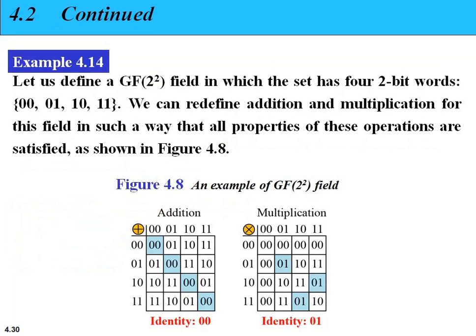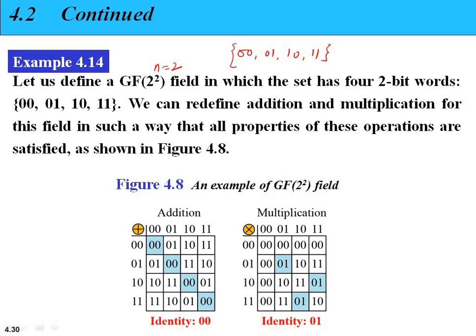So let us take an example. Let us define GF 2 to the power 2, where n is equal to 2, and it is a field in which the set has 4 2-bit words. So the 2-bit words are 0 0, 0 1, 1 0 and 1 1. These are the 4 2-bit words, and we can accordingly redefine the addition and multiplication on this set in such a way that all the properties of these operations are satisfied.